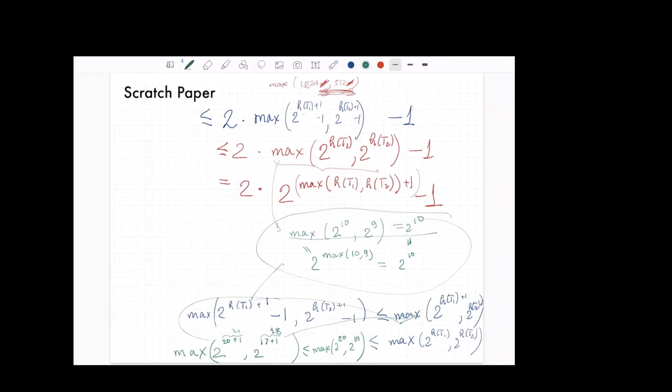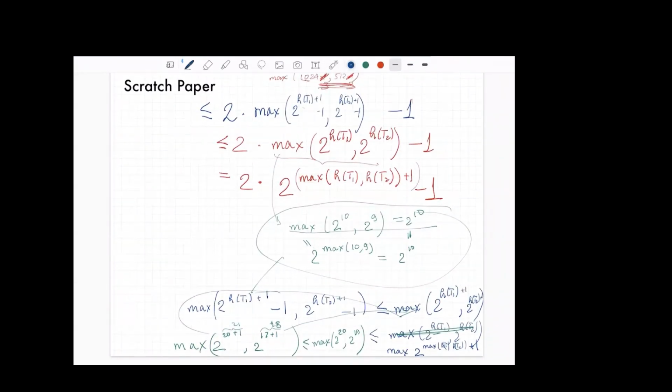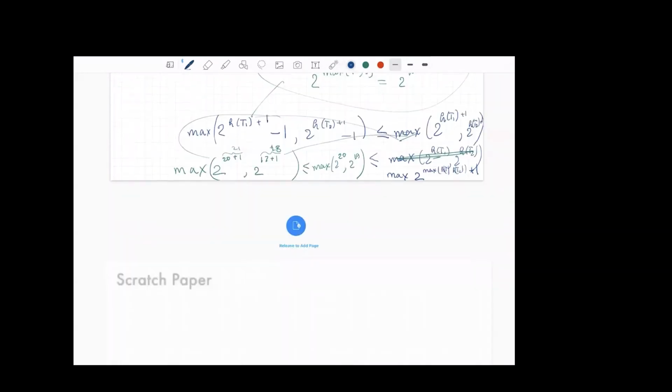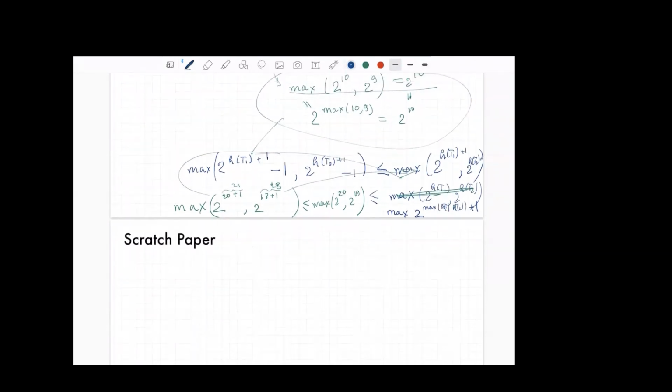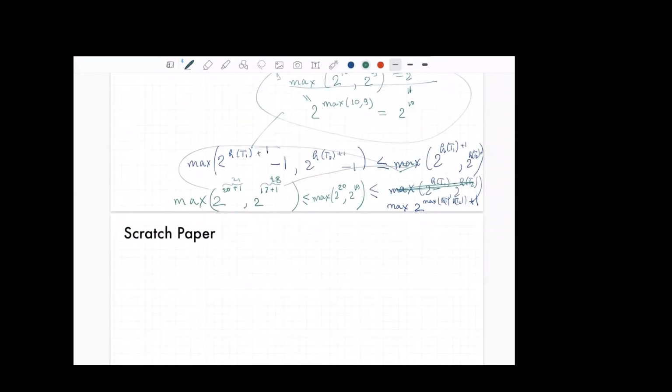Okay, so not this, but I want to write here max of 2 to the whatever max of HT1 and HT2 is, plus 1. Okay, so what would that be in green? Now I'm running out of room, so we can add a page, great. So notice in green, what am I doing here? I had this max. My claim is that this is not true.